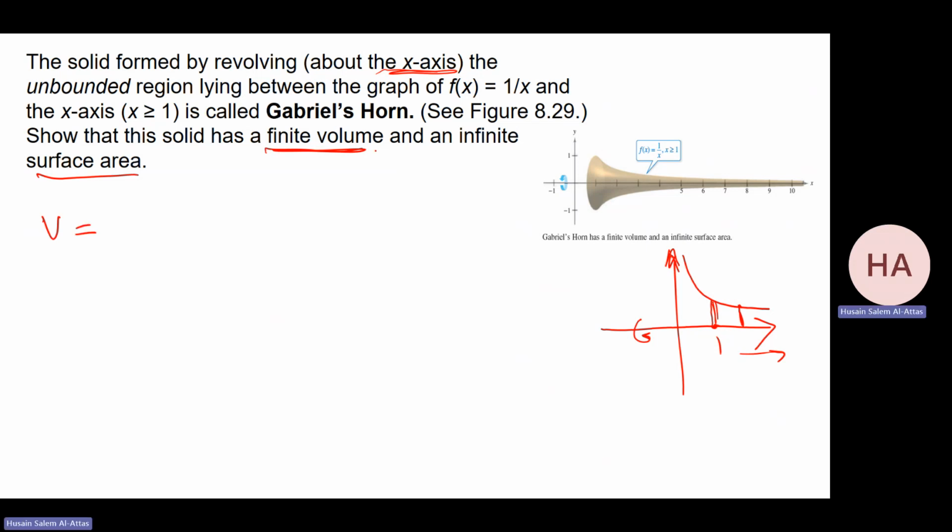V is the volume and S the surface area. The volume will be pi, from 1 to infinity, since he says x greater than or equal to 1. R of x is 1 over x, so I have r squared, which is 1 over x squared dx.